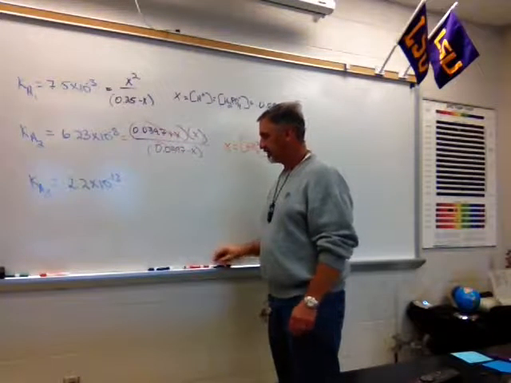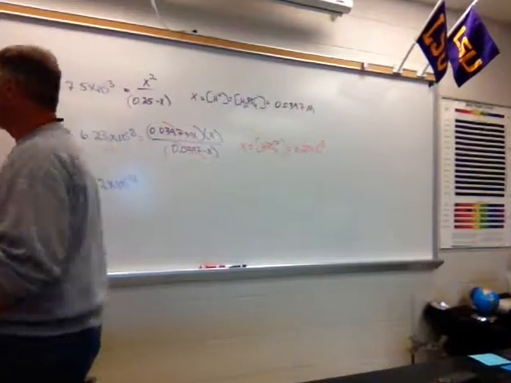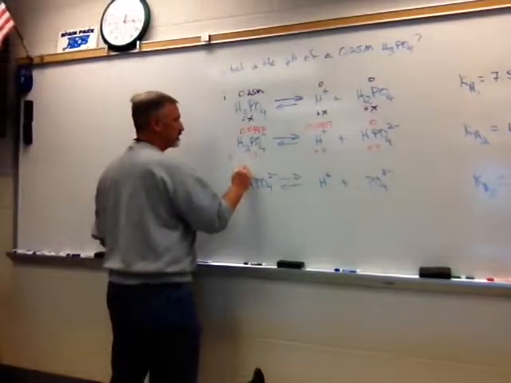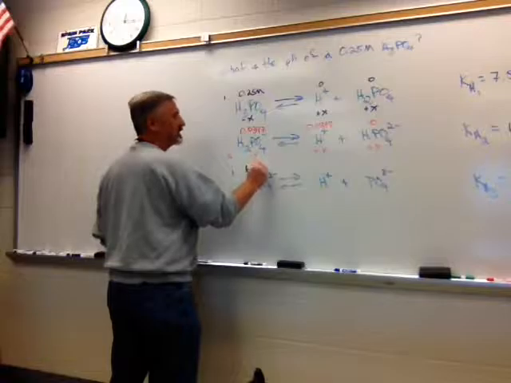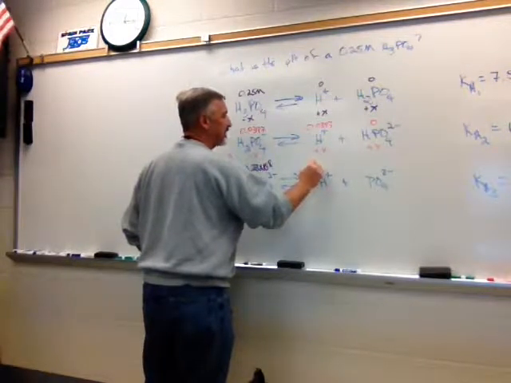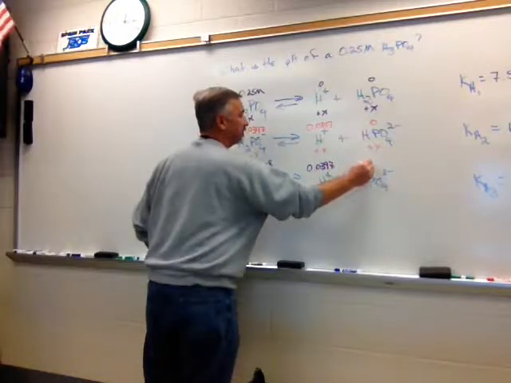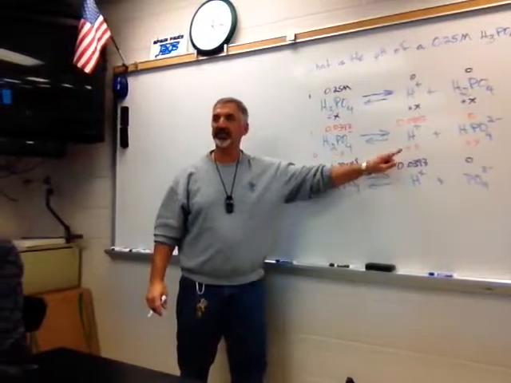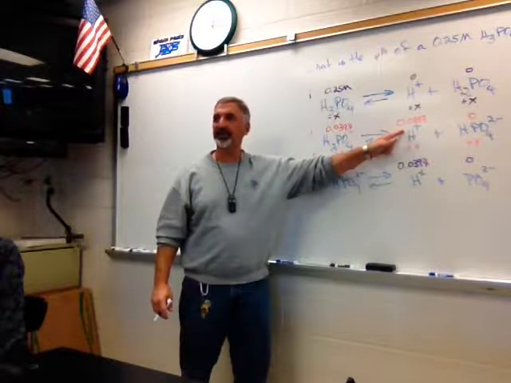You add it. So now my initial here is going to be 6.23 times 10 to the minus 8. This is still 0.0397. This is 0, because 0.0397 plus x is still going to be approximately 0.0397.